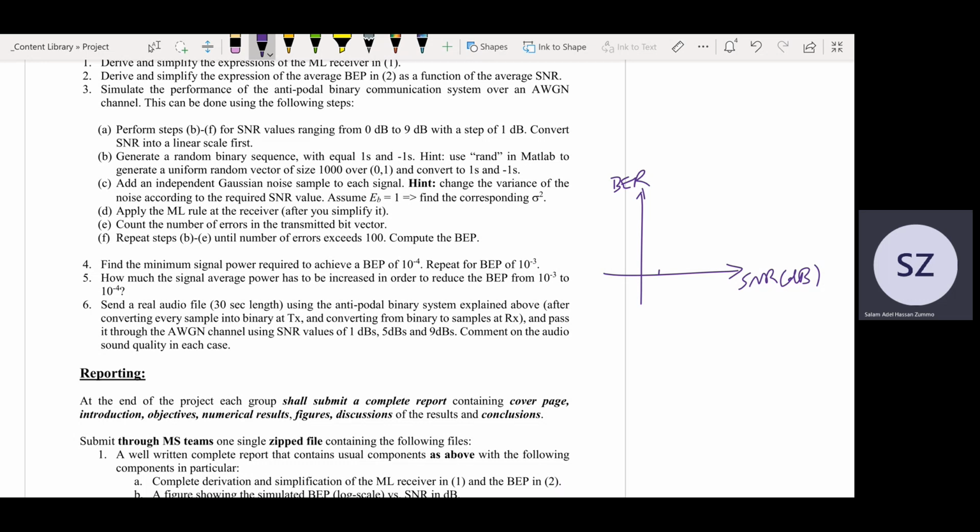For every SNR point you will get a point, for every other SNR you will get another. Right? You will connect them and get a curve. Now I am telling you, find the SNR needed to get 10 to the minus 4. Let's find it. This will be the SNR. Okay? Any other questions?